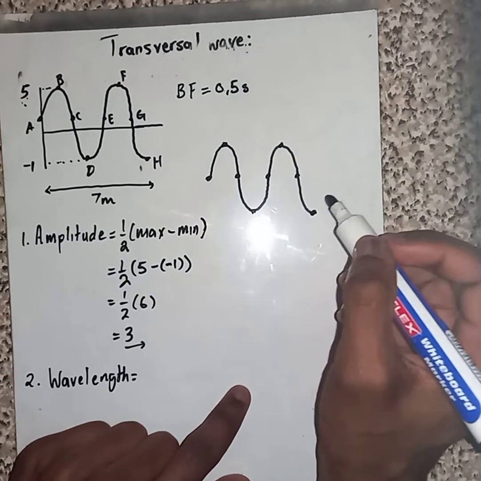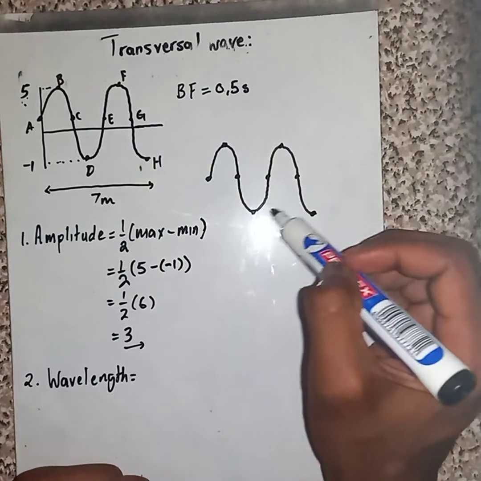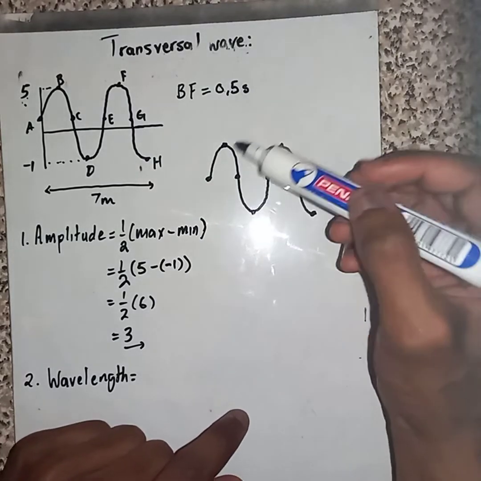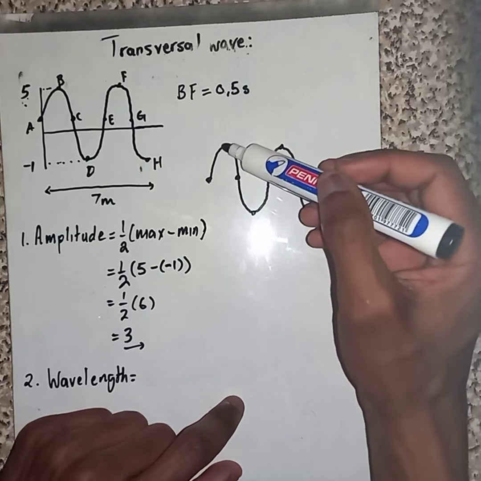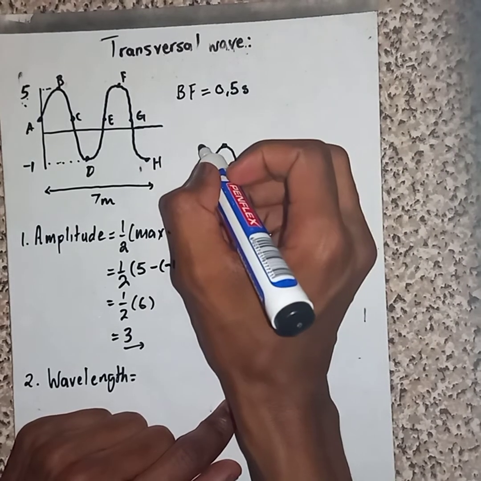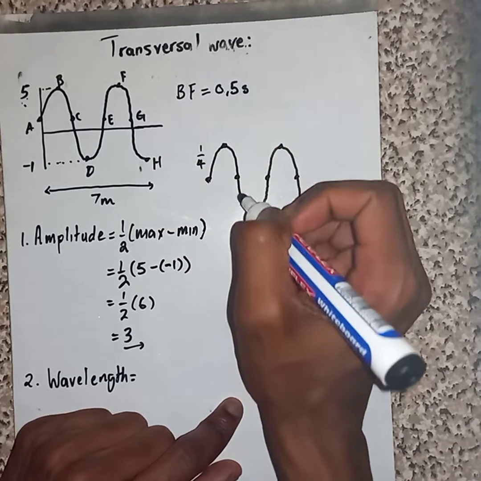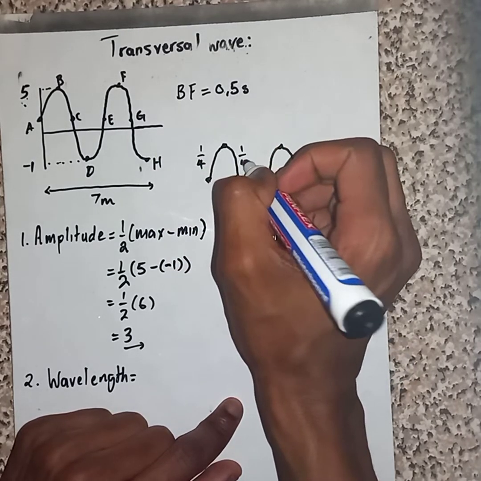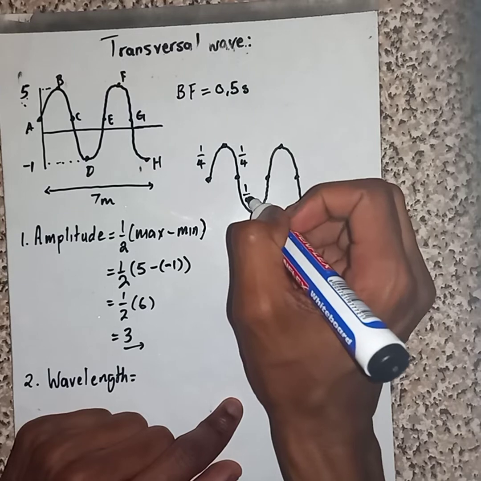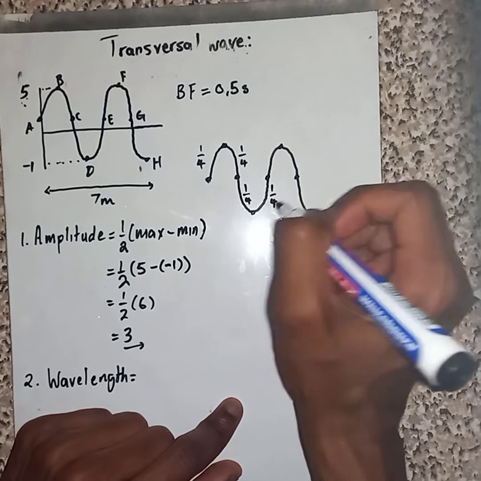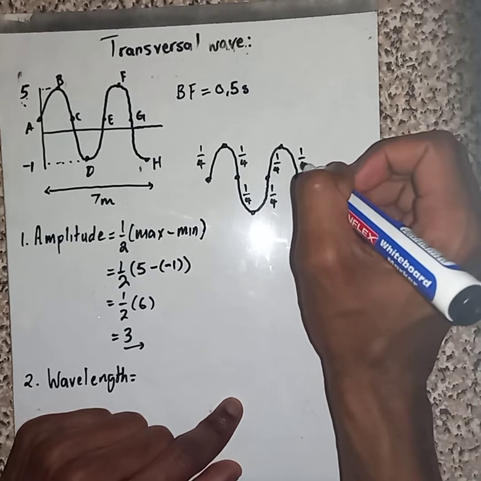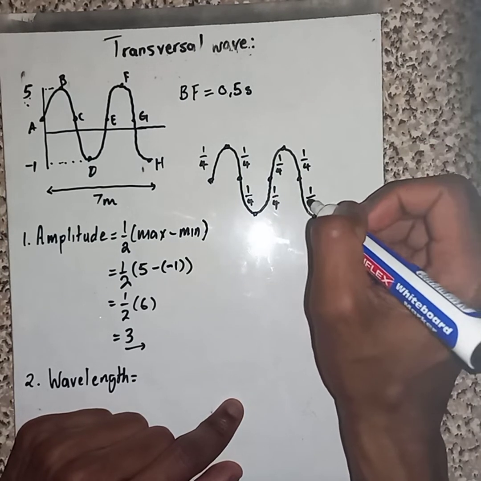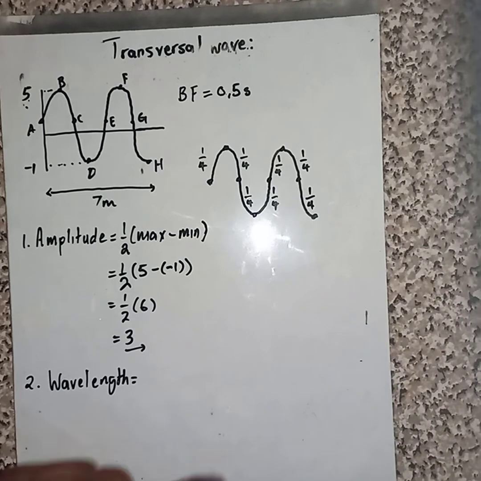You see? Then I've also made points. From this point up until maximum, I'm going to have 1 over 4. Same as this one, 1 over 4. I break down my wave into quarters.